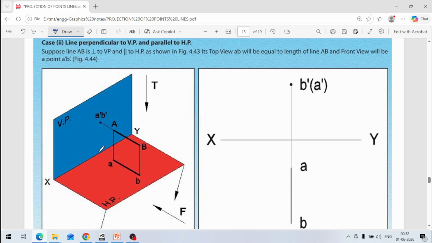Whatever the distance is from XY up to point A, from that point we start here from XY, and this is the projection AB. And what will be in the vertical plane? Since AB is perpendicular to the vertical plane, when we are looking from the front, you will get a point projected here only. This is the point projected on the vertical plane.